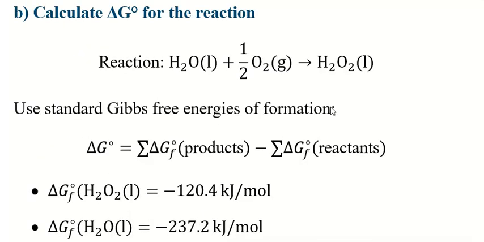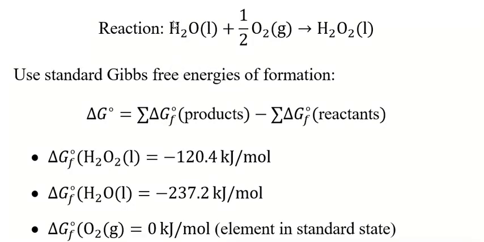Second part of this numerical, calculate the change in Gibbs free energy of the total reaction. Very simple formula: the summation of the change in Gibbs free energy of all the products minus the summation of the change in Gibbs free energy of all the reactants. We know that there are two reactants in the reaction and one product. Product is hydrogen peroxide and reactants are water and oxygen.